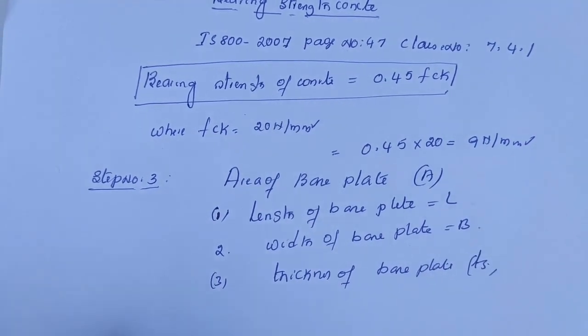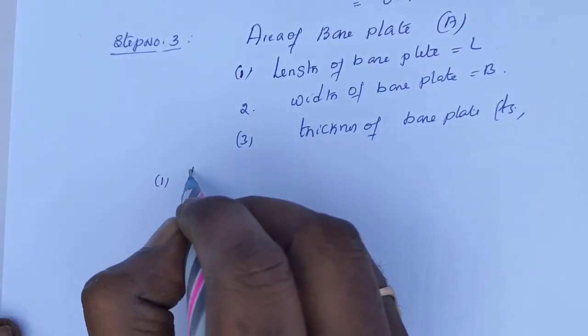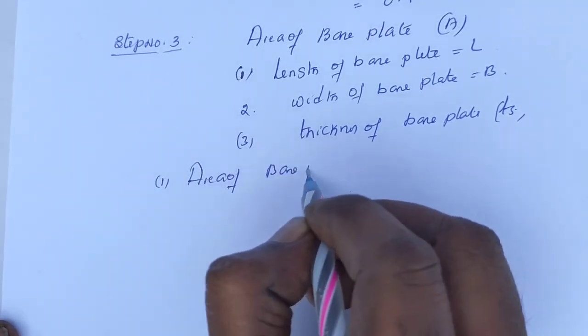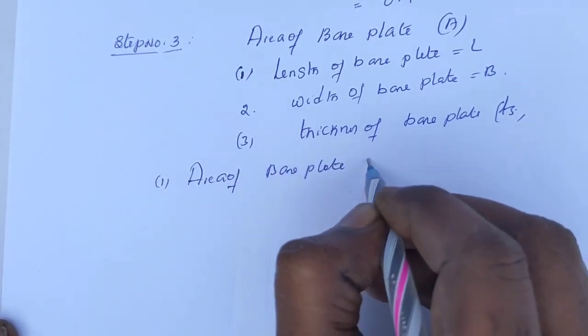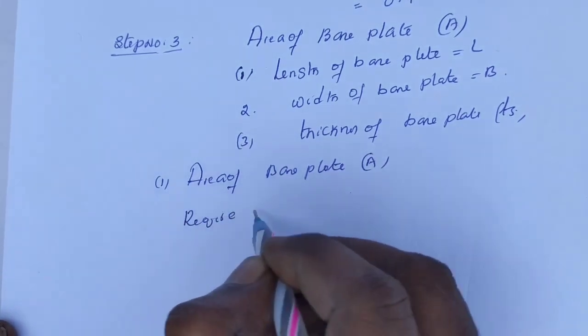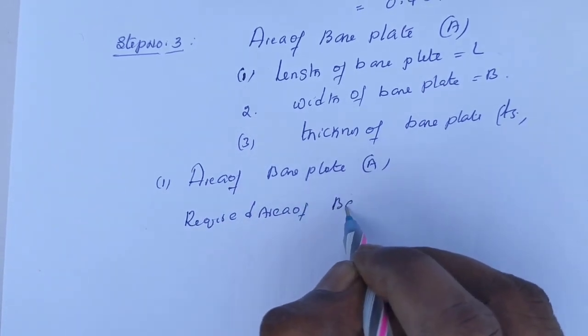The area of the base plate has 2 types only. One is the required area of the base plate.